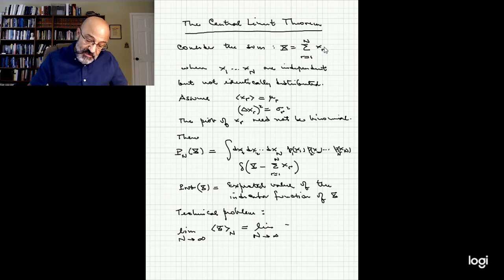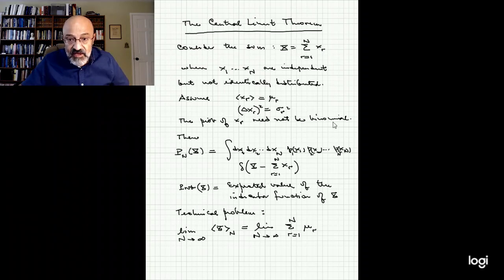So this is going to be the sum of r equals 1 to n of the expected values that we have here. And now you see what the problem is. If these are any kind of number at all, let's say, for example, the expected value is constant, like we saw for the binomial, then the limit as n goes to infinity diverges and does not exist.